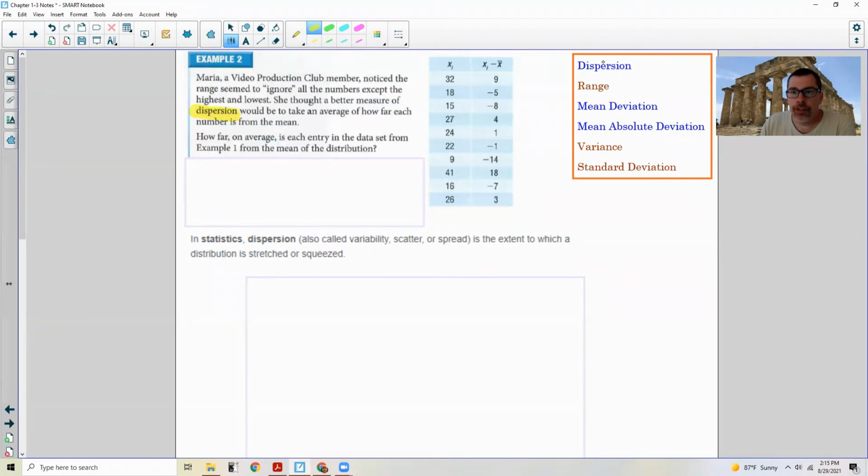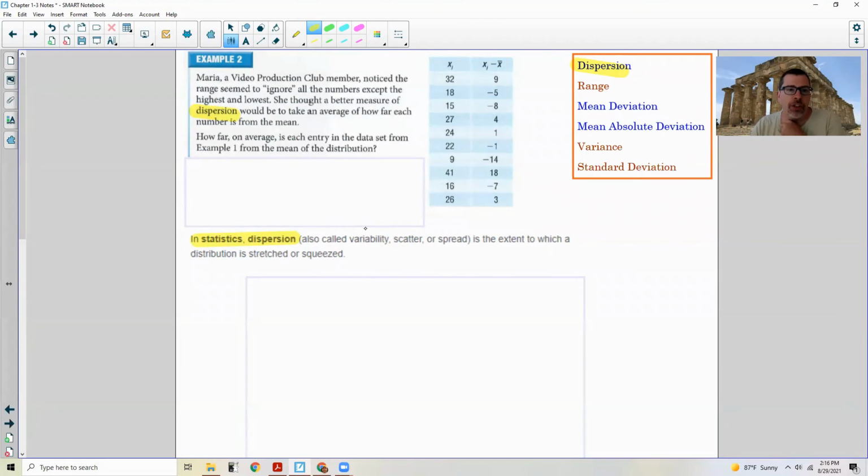Dispersion. In statistics, dispersion, also called variability, scatter, or spread, is the extent to which a distribution is stretched or squeezed. Okay, so how far apart all the components are if you were to plot them, or how close they are. Okay, so that's dispersion. So in other words, it's how big or small the range is, if you will. So it's very similar to range.